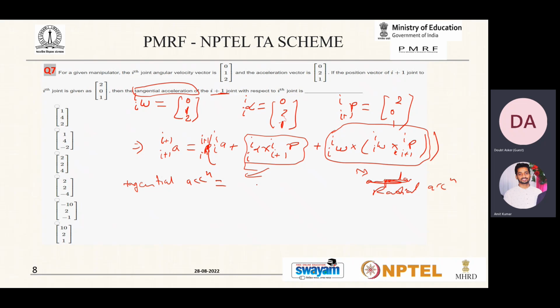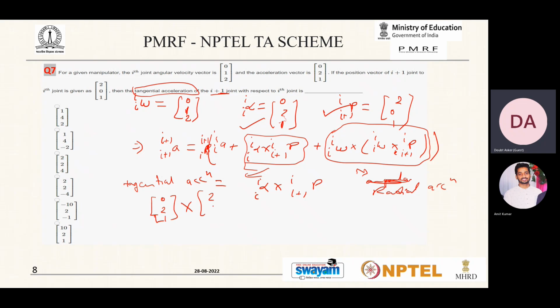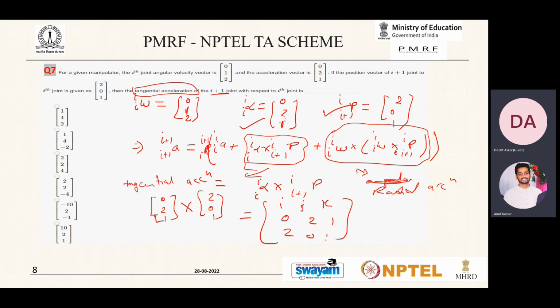That is nothing but alpha I cross I plus 1 P, right? So alpha is given, yes. P is given, yes. So you can find that. So we have to take a cross product of what? 0, 2, 1 cross 2, 0, 1. So how will you do that? So write it down like this, I, J, K. So 0, 2, 1, 2, 0, 1.